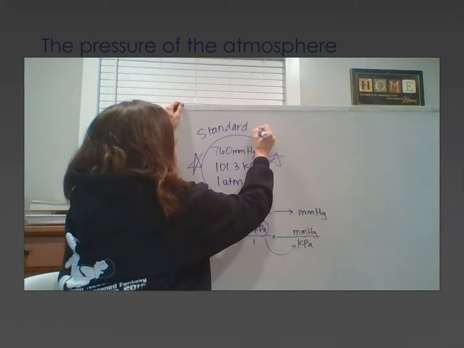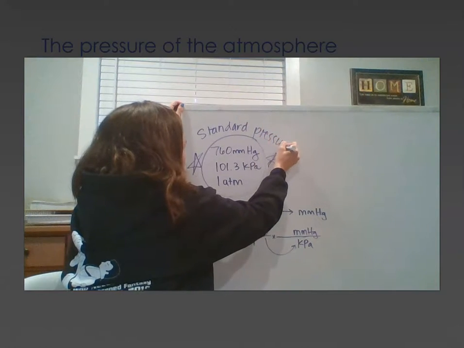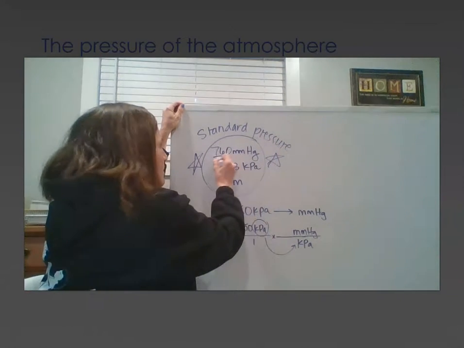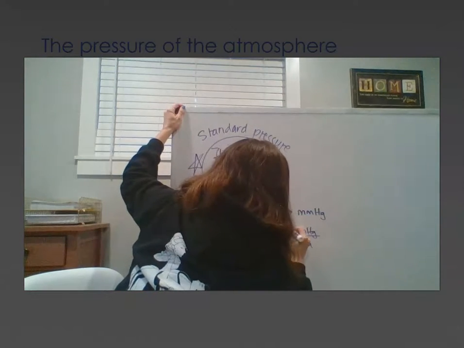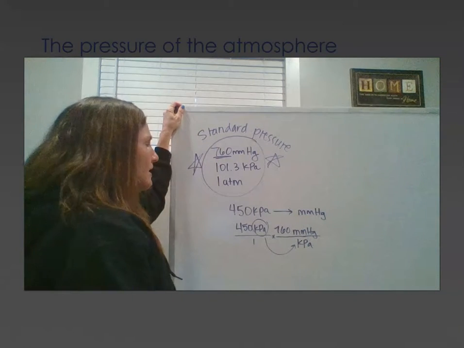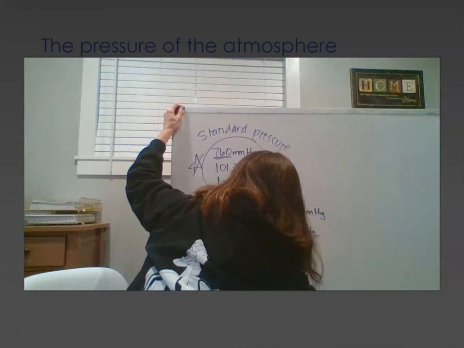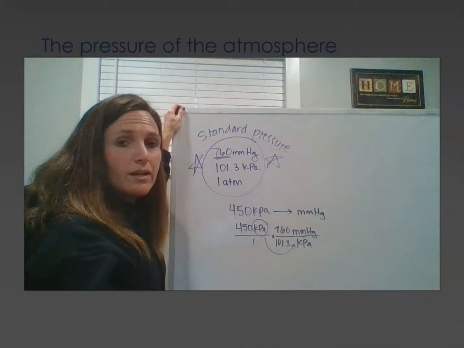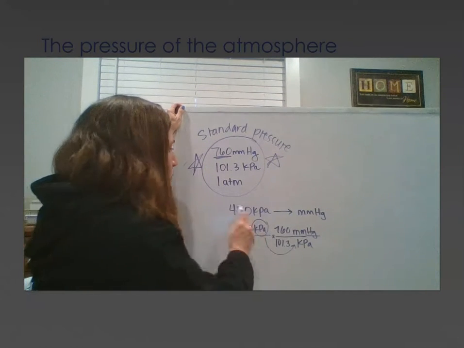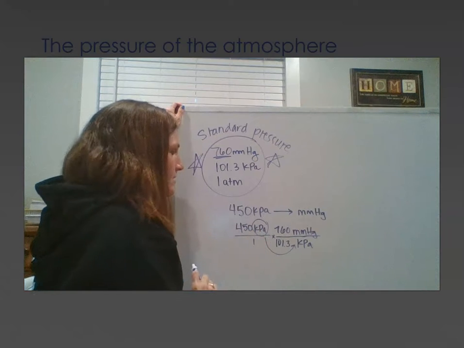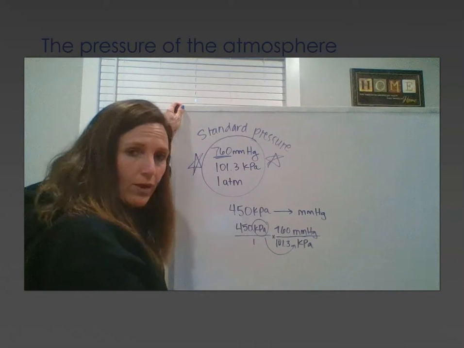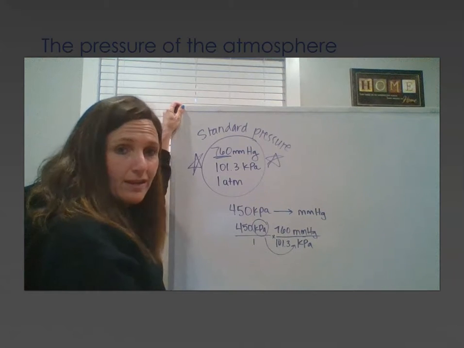So I'm going to put in my standard pressure values. What goes with millimeters of mercury? 760. What goes with kilopascals? 101.3. So we would do 450 kilopascals times 760 divided by 101.3, and we would get an answer.